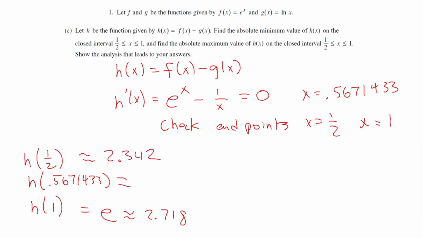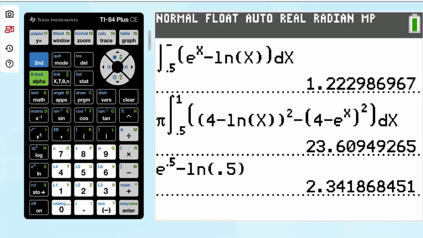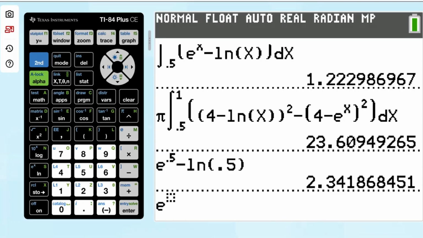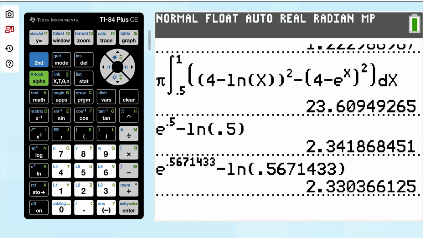And then we'll do the same for 0.5671433. We'll do e to the 0.5671433 minus the natural log of 0.5671433, which gives us 2.330.